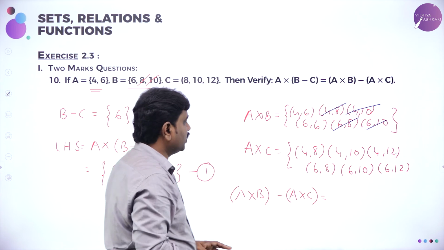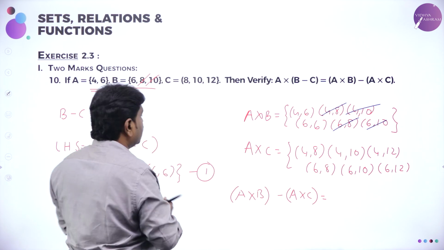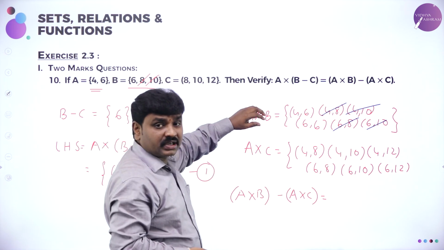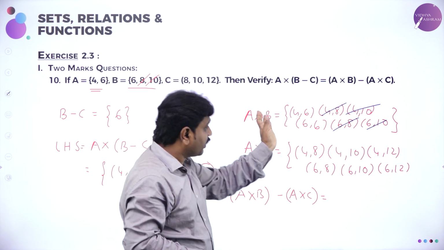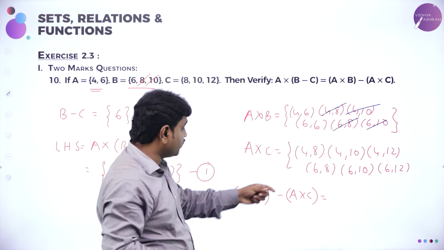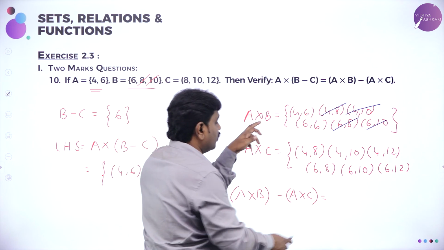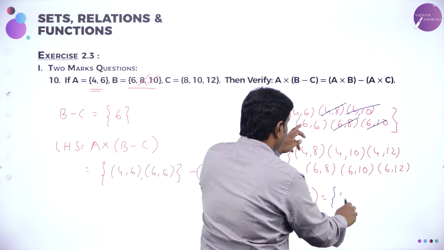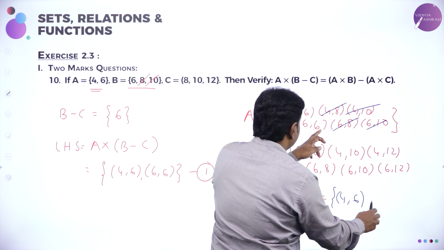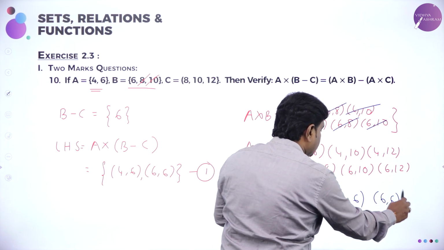What are the remaining elements of A cross B? (4, 6) and (6, 6), call it equation 2.